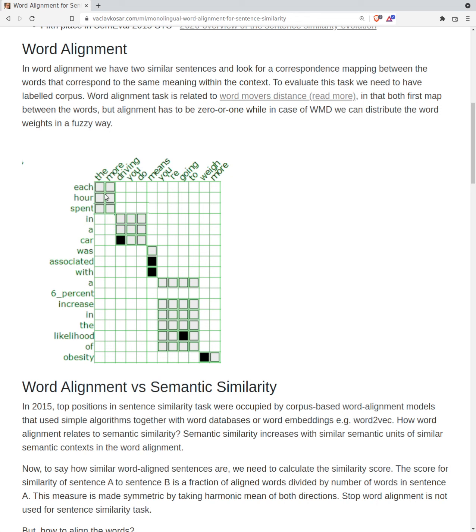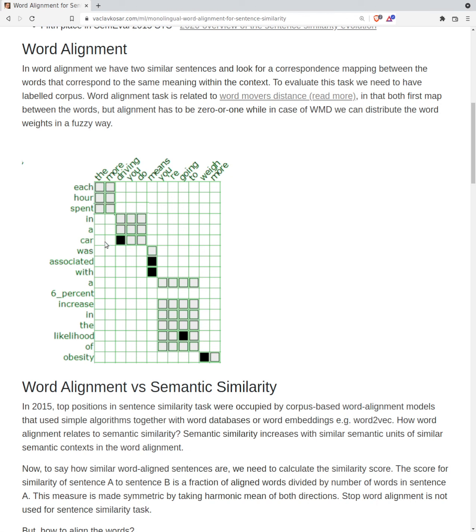The annotators, when they were creating the dataset that you need to evaluate and train the models on, also had an option to have a link with a weak connection, shown in gray, and a sure connection, like the equivalence.